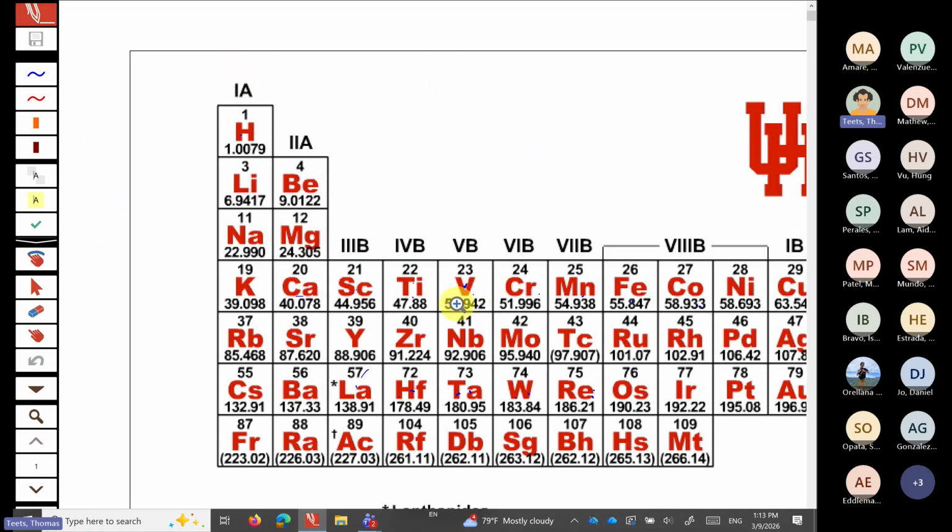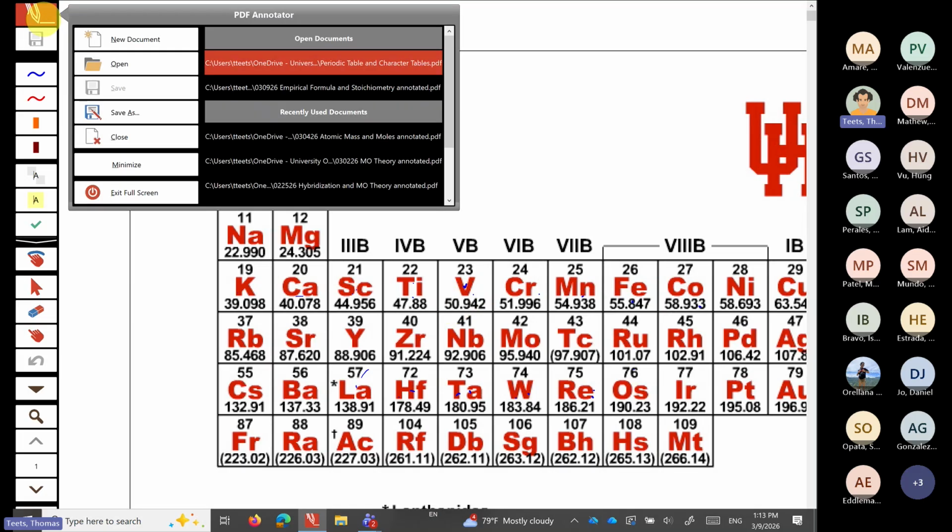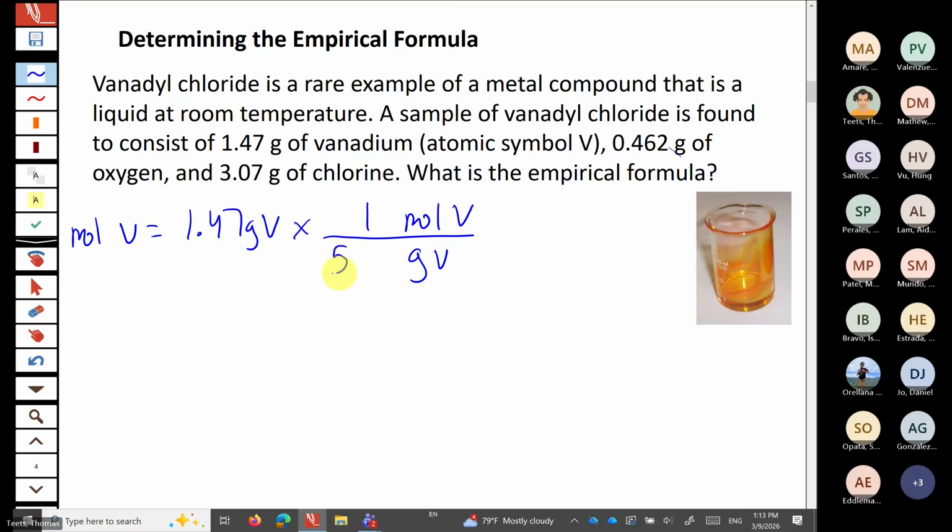V is right here, 50.94. So that's going to be the atomic mass that we would use for vanadium. All right. So we divide by atomic mass, a conversion we learned last time, and we get 0.0288 moles of vanadium. Okay.